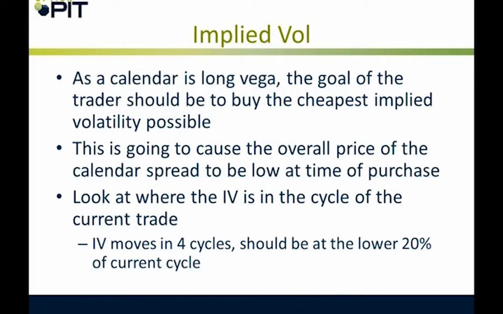Zone 2, which is low normal. Zone 3, which is slightly elevated, and then Zone 4, which is elevated. And 70% of the time, options are in Zone 1 or Zone 2. 25% of the time, they're in Zone 3. 5% of the time, we might get into Zone 4. Zone 4 doesn't last very long.